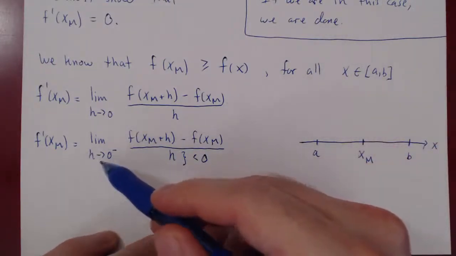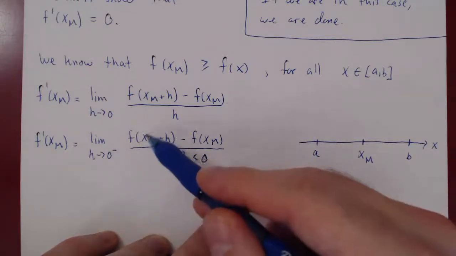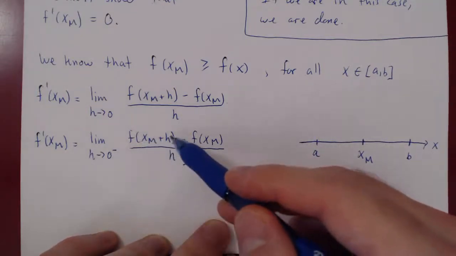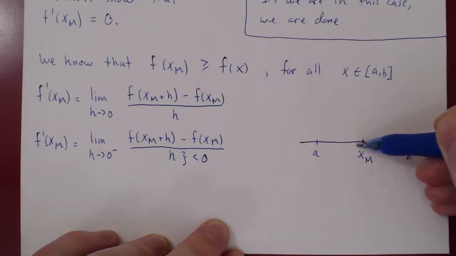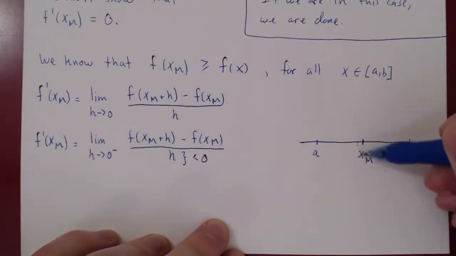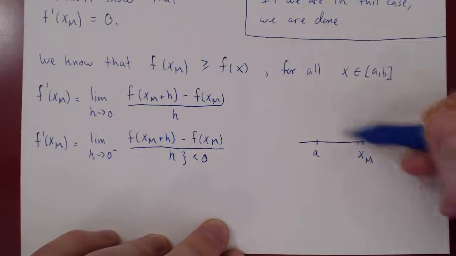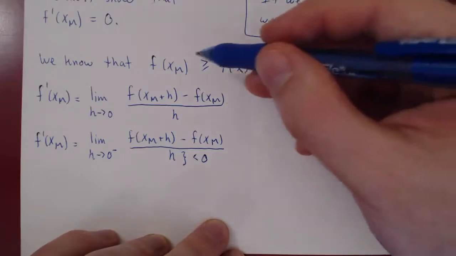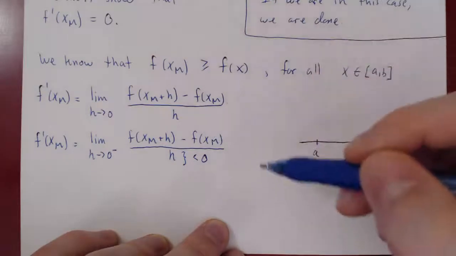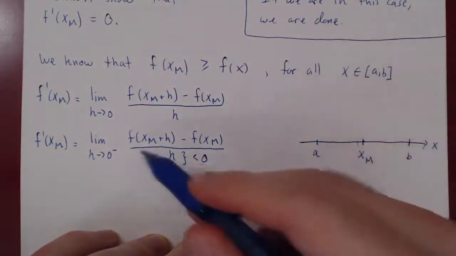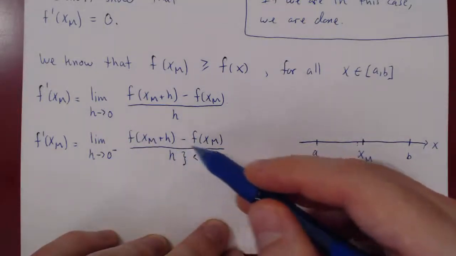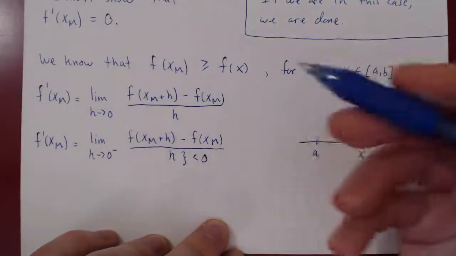Well, look at this point, it is xm. Because h approaches 0 from the left, h is negative, so we add to xm a small negative number, so we get roughly this point. And this is now a point other than xm, and f at that point is less than or equal to f of xm, because the function attains its maximum value here. So this value is less than this value, or equal to.